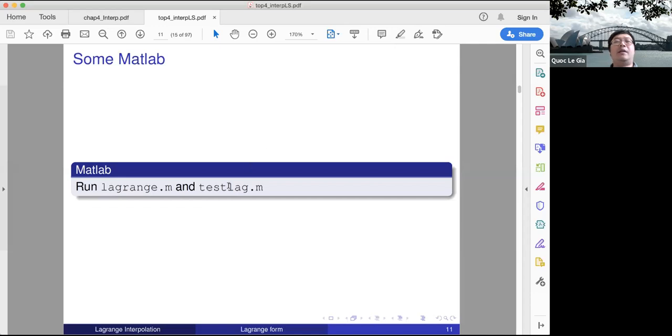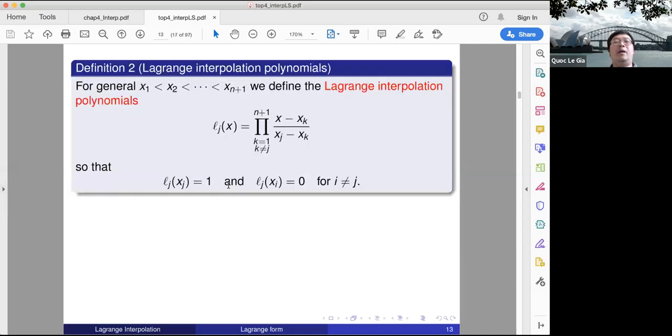You've seen that polynomials can be written in a different form, but it still satisfies the interpolation condition, right? So for now we just look at the Lagrange interpolation.